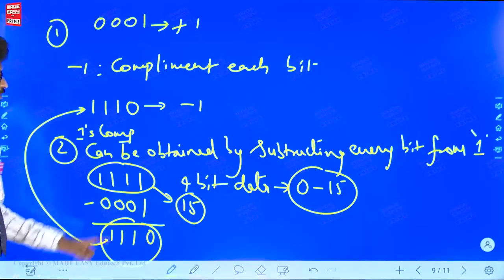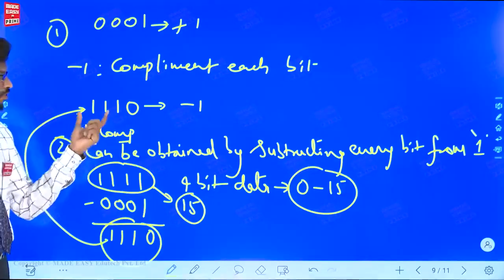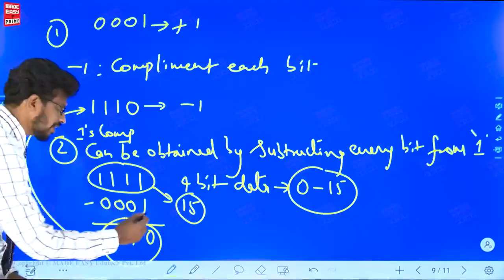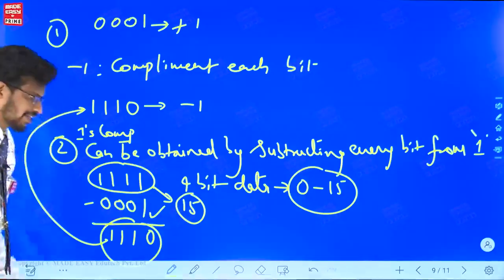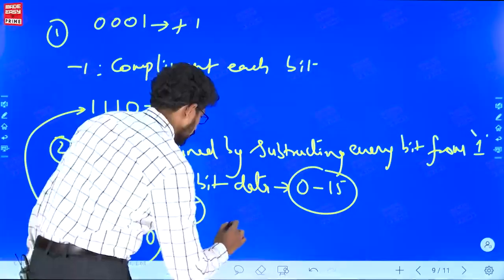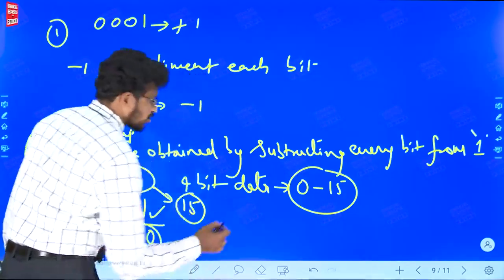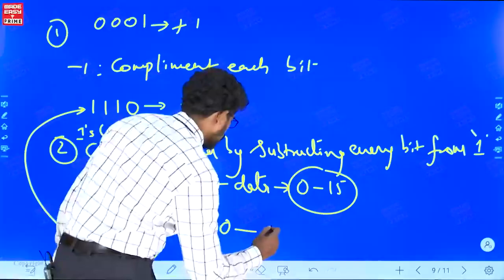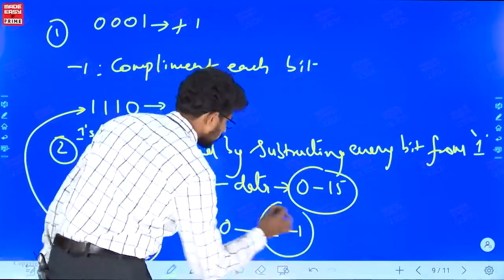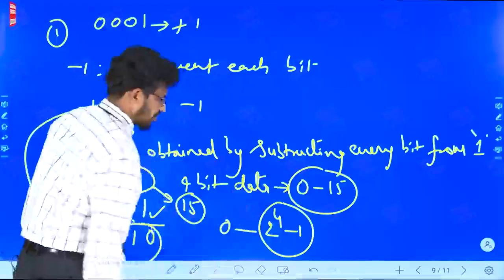It means the 1's complement of a 4-bit data can be obtained by subtracting the data from 15. For 4-bit data, the range of values is 0 to 2 power 4 minus 1, that is 0 to 15.